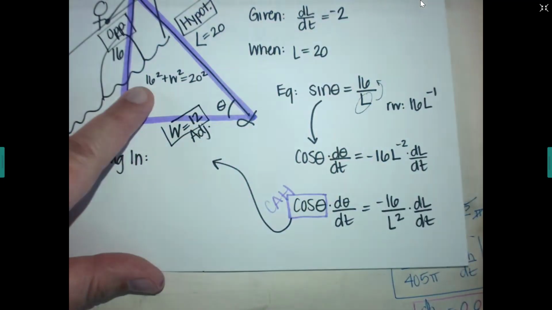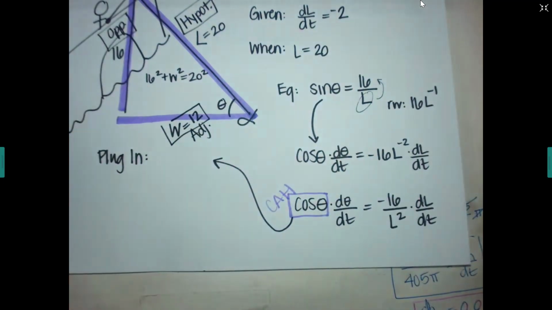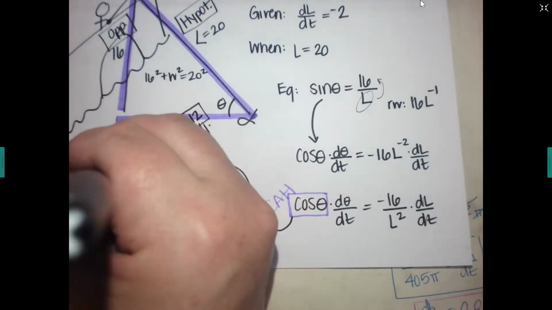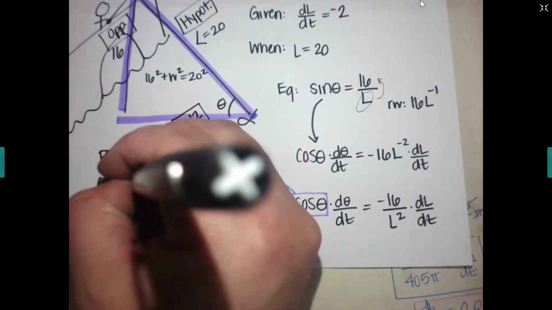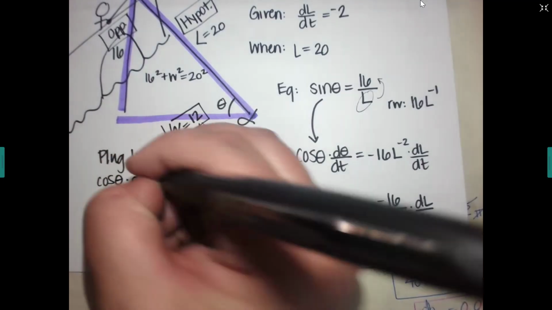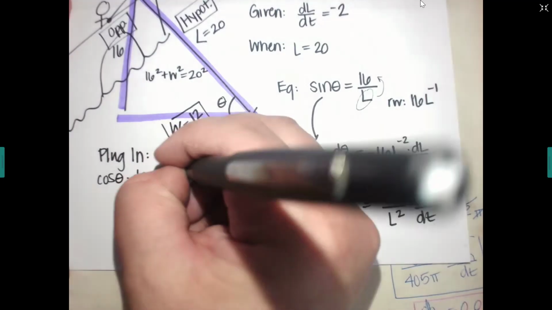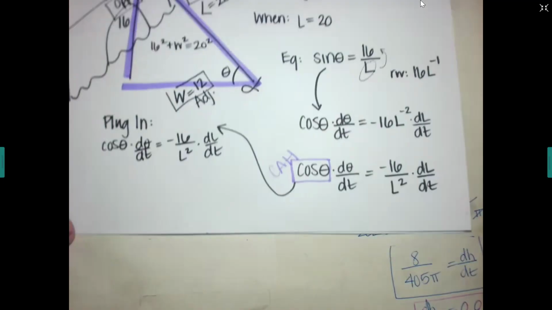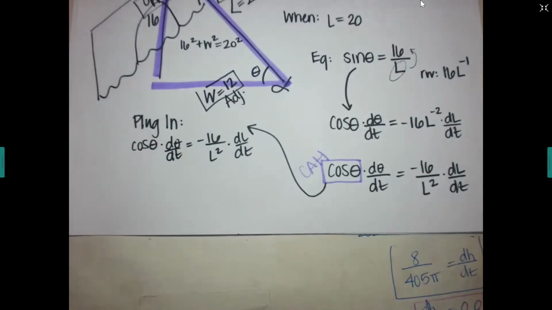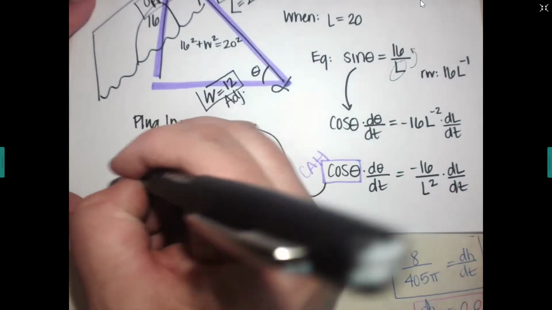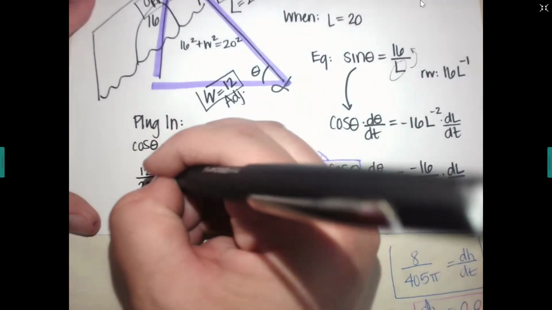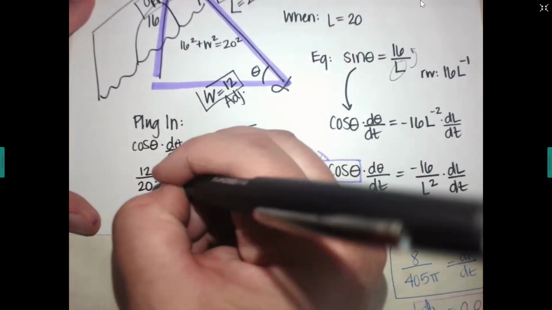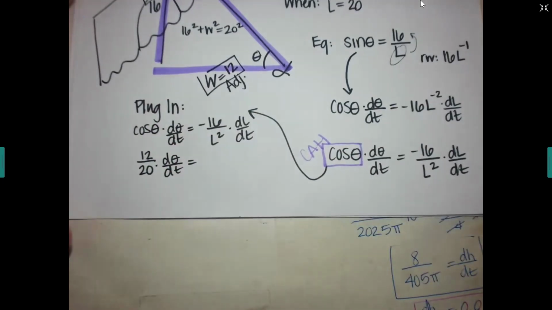Okay, so let's plug into cosine. Cosine is going to be A over H, which is 12 over 20. My d theta dt, I don't know what that is, because that's what I'm trying to solve for.